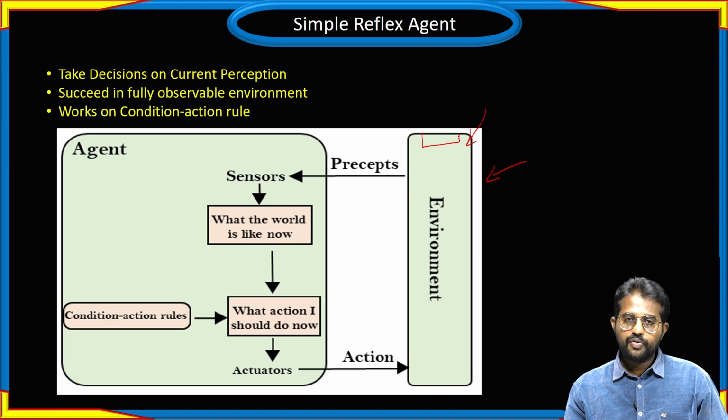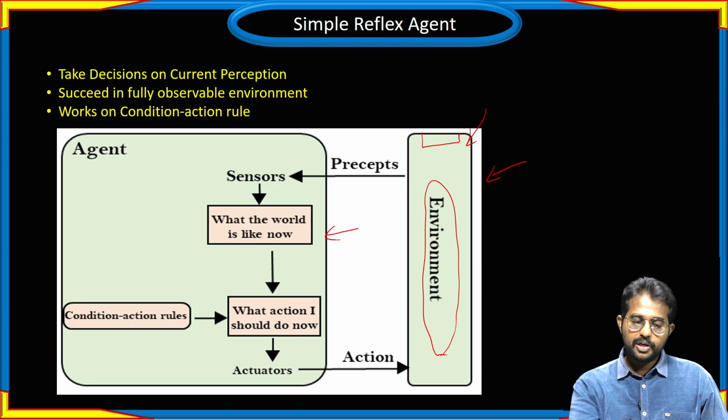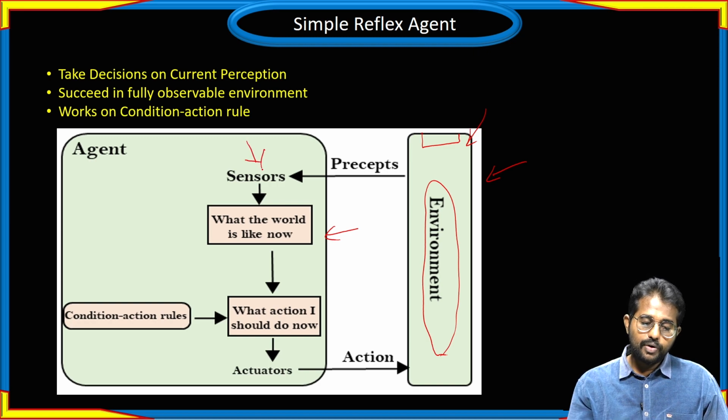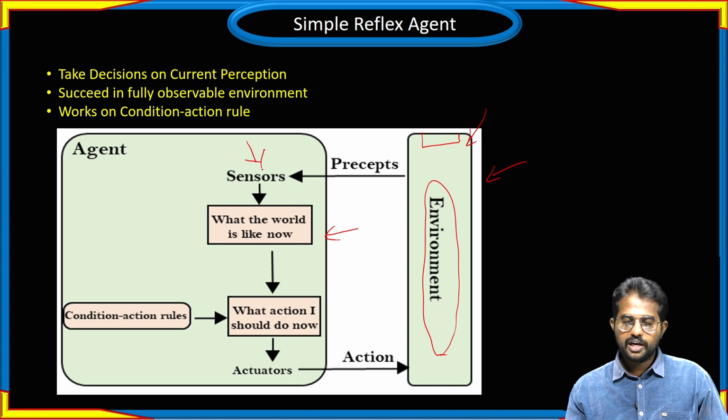That means if in this environment the temperature is greater than 45, then the AC should be on. This one is the agent. This agent will be deployed in this environment, roaming in the environment, and it will perceive the information using sensors. It will use the sensors to get the information, and it will come to a decision.